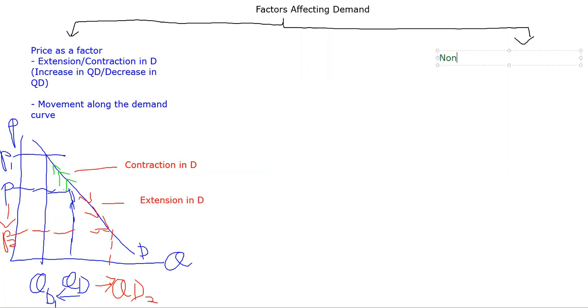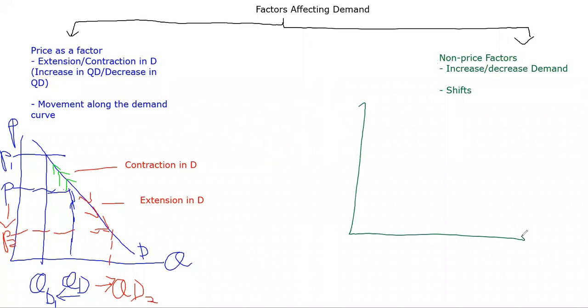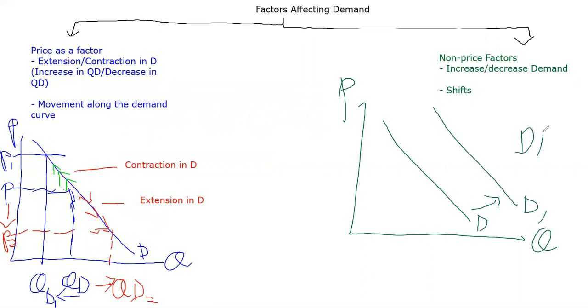So the more important factors here, which you can use irrespective of how they phrase the question, are the non-price factors. Now these either increase or decrease demand, as opposed to causing extensions or contractions, and these lead to shifts. So the idea here is, if you show graphically, you have price, you have quantity, and if this is your original demand curve, an outward shift to D1 is an increase in demand.